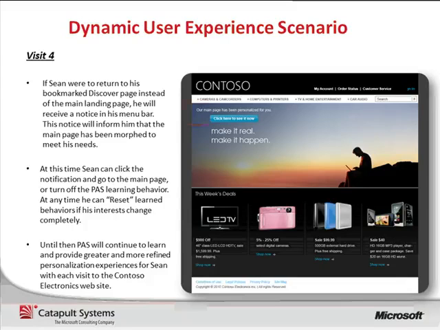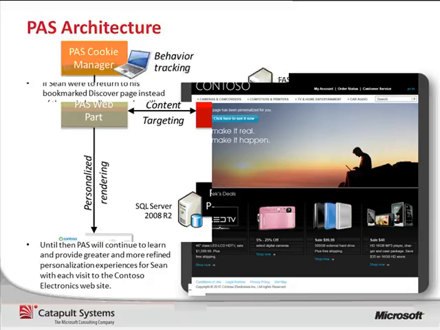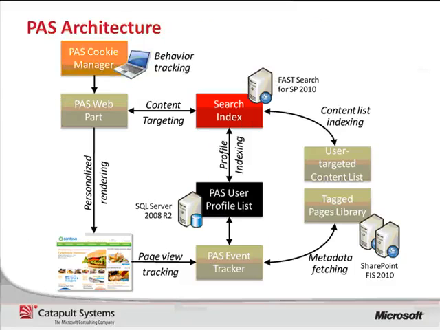So behind the scenes, how does it work? As Shane was interacting with the site, as you can see on the bottom left corner, the PS Event Tracker was tracking all of his moves on the site and putting specific information into the user profile, as well as tagging the content that he was viewing, so that when the search indexer runs on FAST Search, it takes a look at that.